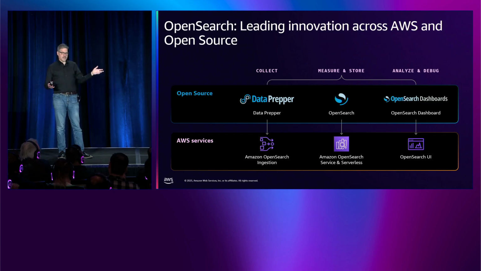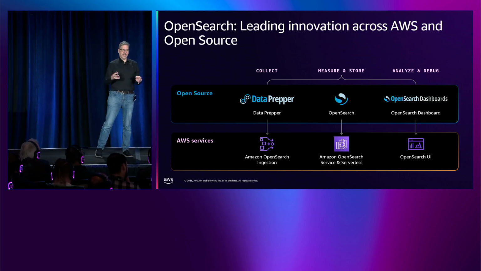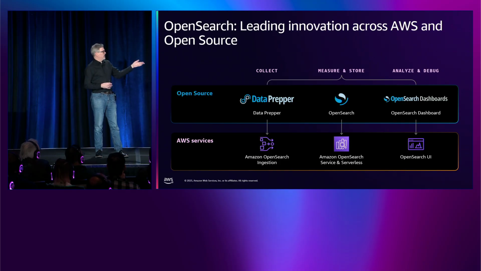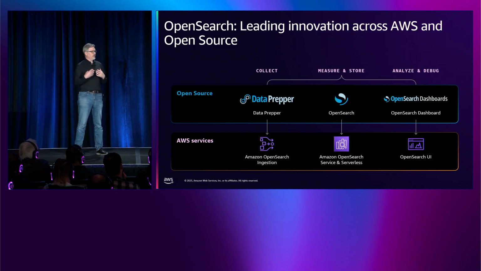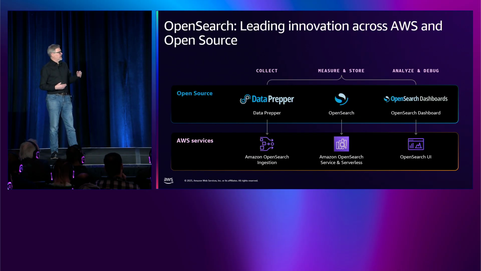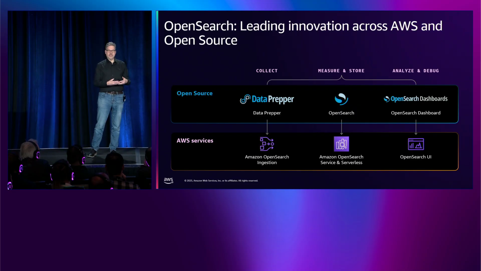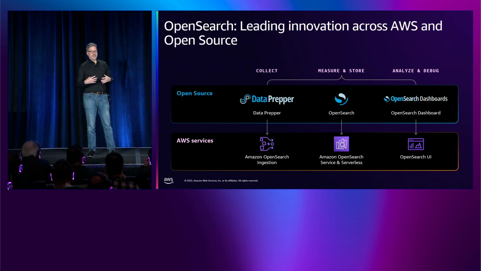Then there's OpenSearch itself, the core data and analysis engine, which is delivered via Amazon OpenSearch service and our serverless offering. And then the front end for data visualization and exploration is powered by OpenSearch Dashboards. In the service, we deliver this as OpenSearch UI, which is a centralized dashboard that you can use to connect to any of your OpenSearch service domains or collections, which we'll talk about.